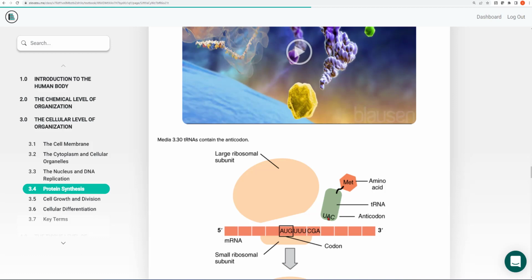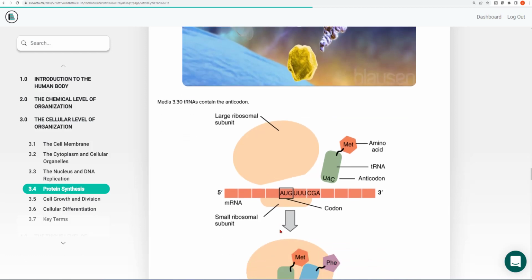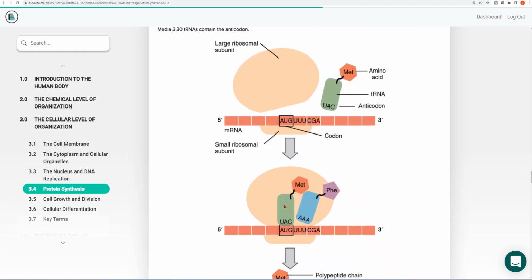So we're beginning to see what is this code that allows for the DNA and RNA message to bring in the correct building blocks for making proteins. So we go from the first three letters to the next three letters. UUU, that's the codon, would match up with AAA.